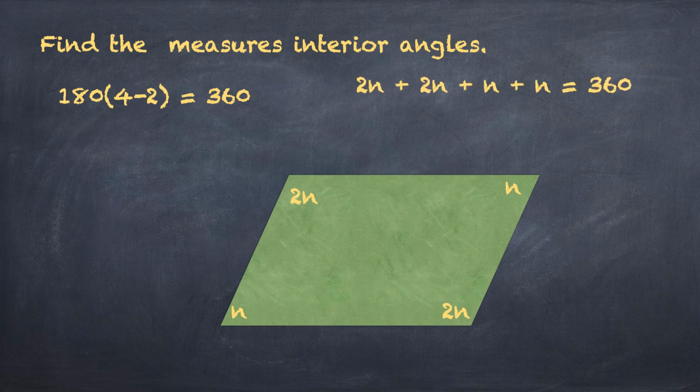I can add these together, 2N plus 2N plus N plus N, and that should equal 360 degrees. So 6N equals 360. When I divide 360 by 6, I get 60. So N stands for 60.